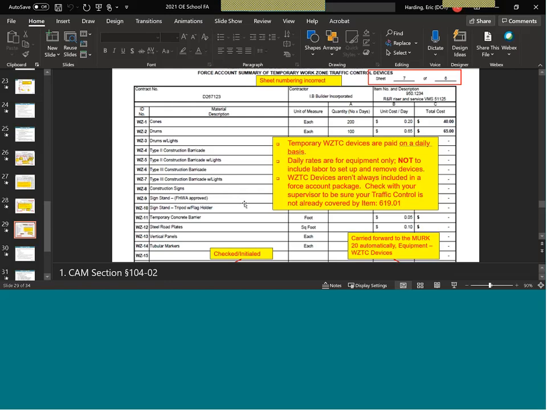I don't see these very often. The rates are in the spreadsheet, paid by the number of days used.